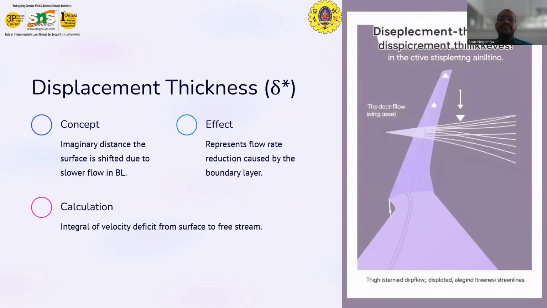Here it is the distance the surface would have moved outward to produce the same flow as the actual flow within the boundary layer. The purpose of the displacement thickness is that it is used to calculate the changes in drag and pressure distribution in that region.